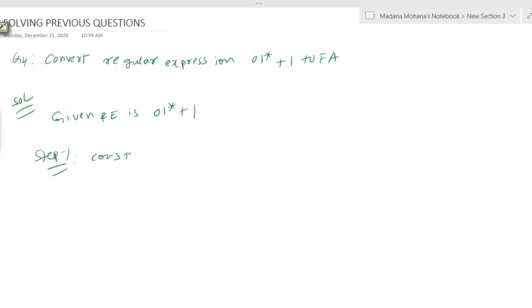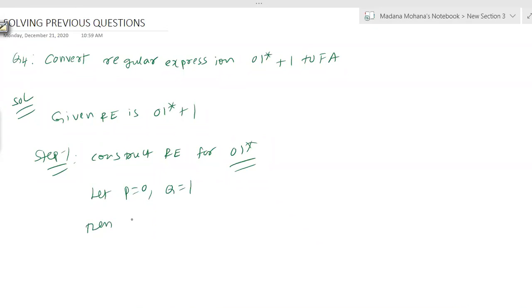construct regular expression for 0, 1 whole closure first. Let P equal to 0, then Q equal to 1.